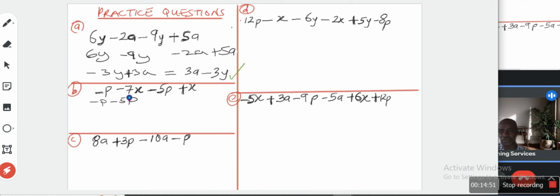Correct. We've collected the terms in P, minus P, and then minus 5P collected. Go ahead with the other one. Minus 7x plus x. Good. Then for x, you have minus 7x and then plus x, collected like terms. The ones in P together, the ones in x together. Okay, let's go.